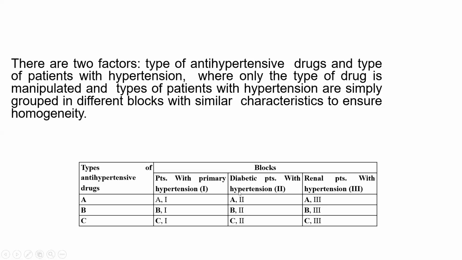We are dividing the types of people, the samples, in block ways. The patient type is not manipulated; only the type of drug is manipulated, but the participants are blocked in those conditions.